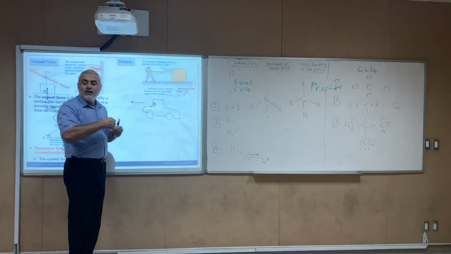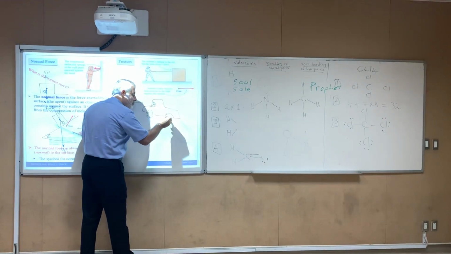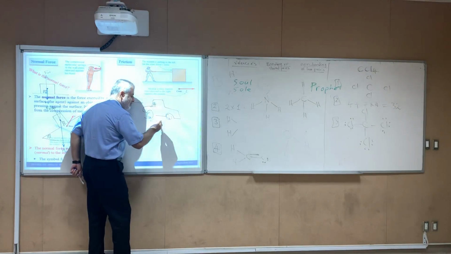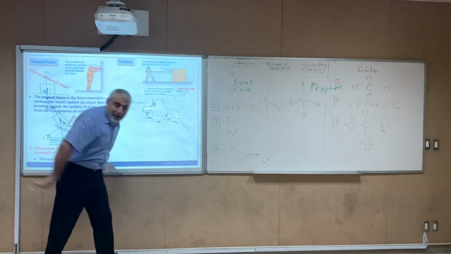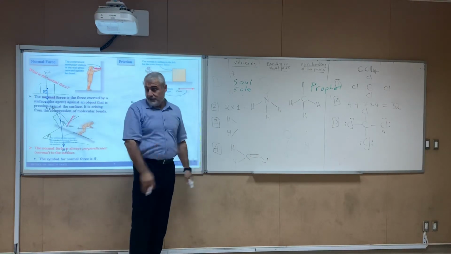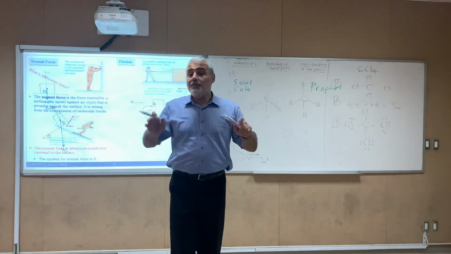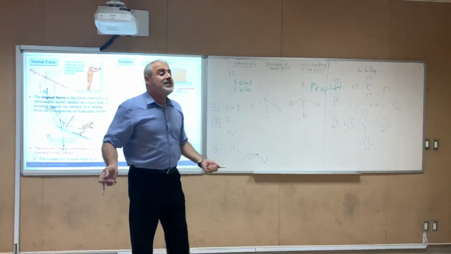The wheels rotate backwards. They push against the floor or the asphalt, and as a result the car will move forward. Just like in a boat: if you want to move forward, you have to push backward. This is the idea.